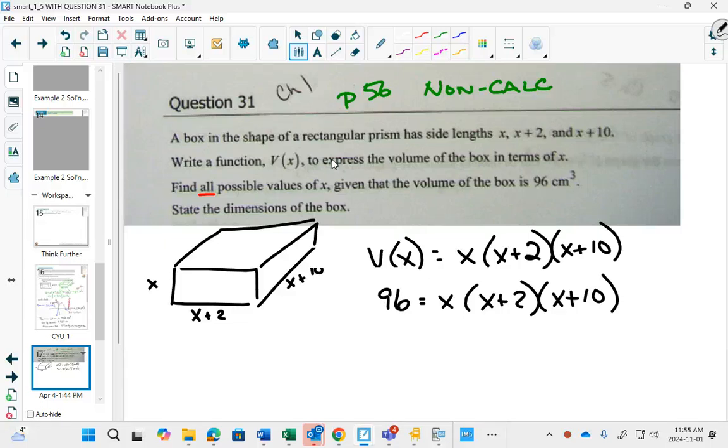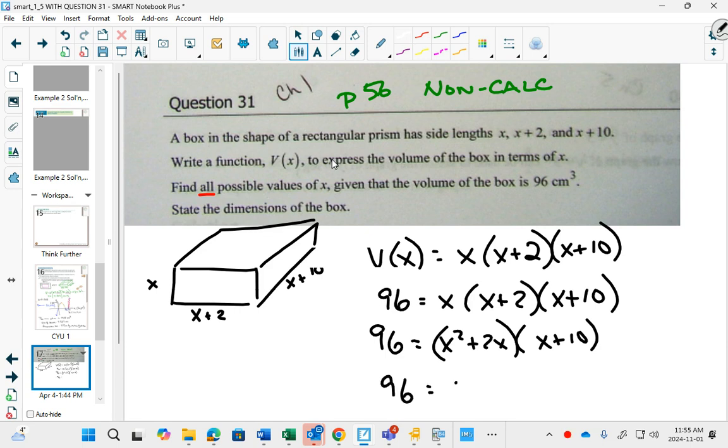This is an x cubed equation. The only way you can solve an x cubed equation is if you factor and it's equal to 0, but it's equal to 96. So first of all, you'd have to multiply this out. So choose 2 of them, multiply those first. Then multiply the rest.